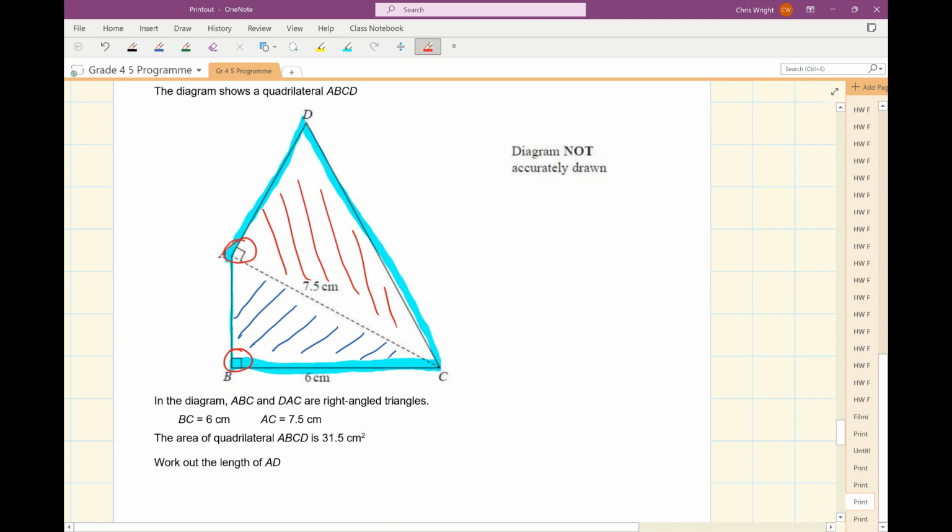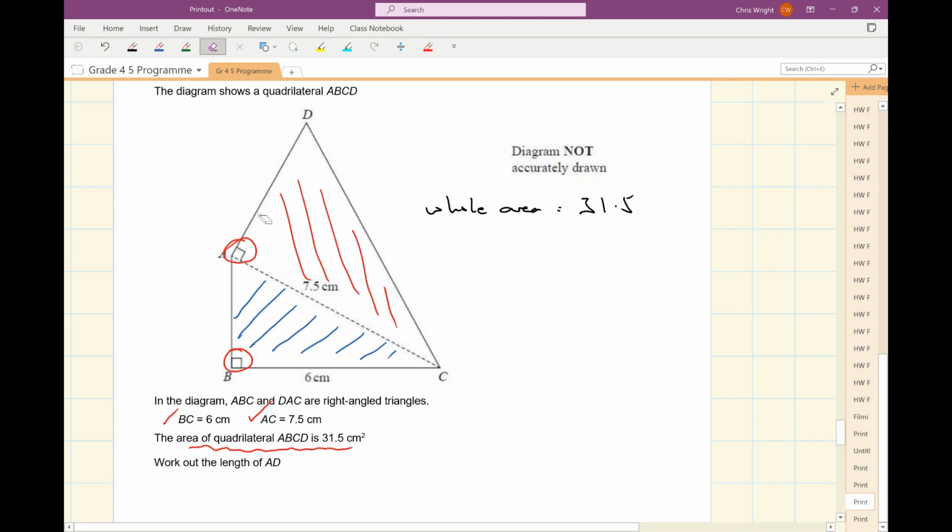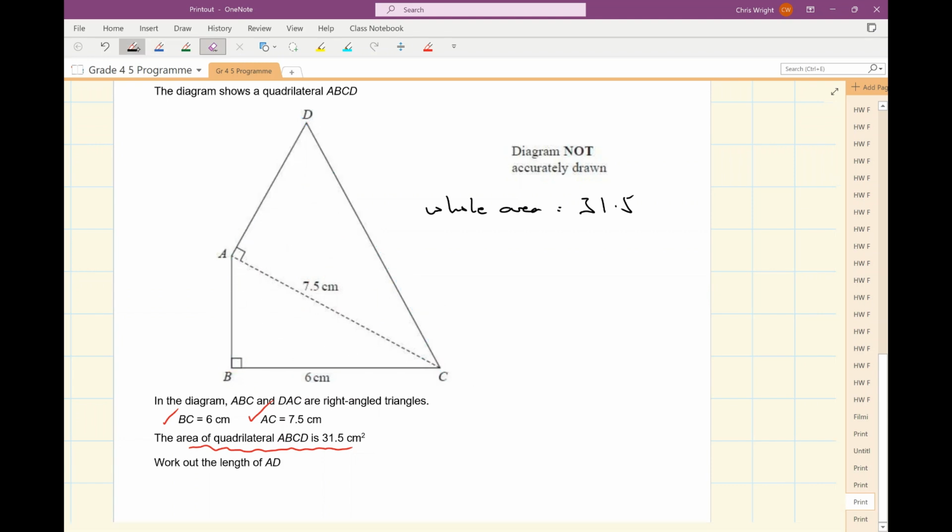BC is 6, well, that's labelled on the diagram. AC is 7.5, that's labelled on the diagram. The area of the quadrilateral, so the whole area, the area of the whole thing is 31.5. Work out the length of AD. So here, I'll call it X. That is what we're trying to find. That's my target.